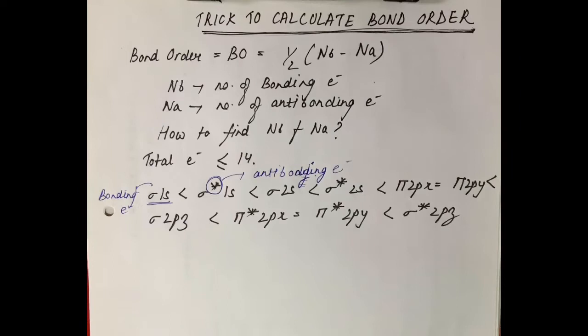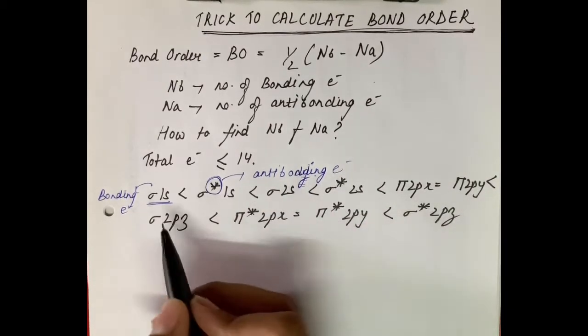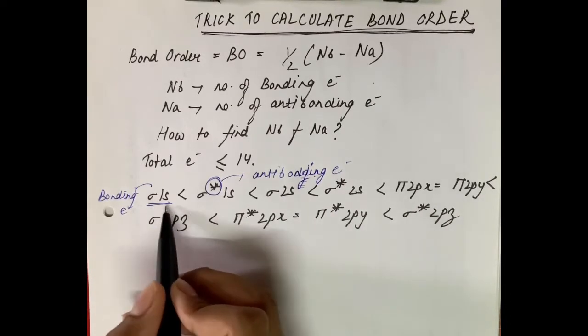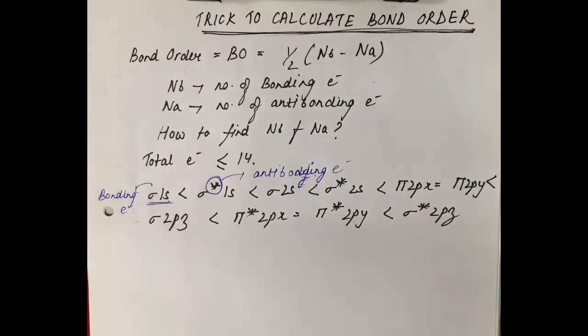Here you may notice that there are certain terms where star is present and some where star isn't present. The ones which contain star will have antibonding electrons, and those terms where star is absent will have the bonding electrons.